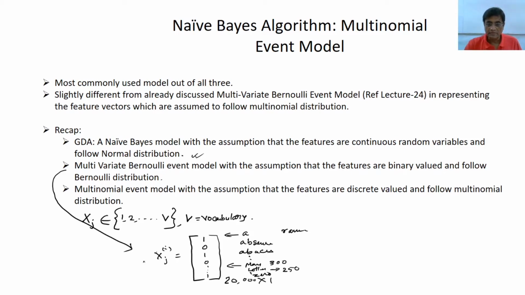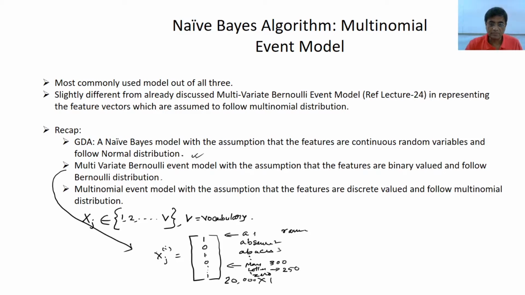So the feature is representing the mail like this. If it finds a particular indexed word, in that particular position it will put 1. If it is not finding a word in that index position, it will be 0. For example, this is first position, second position, third position. If the abacus word is not there, it will put a 0.